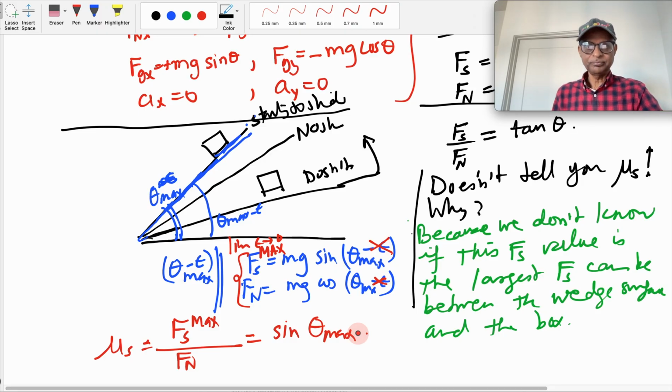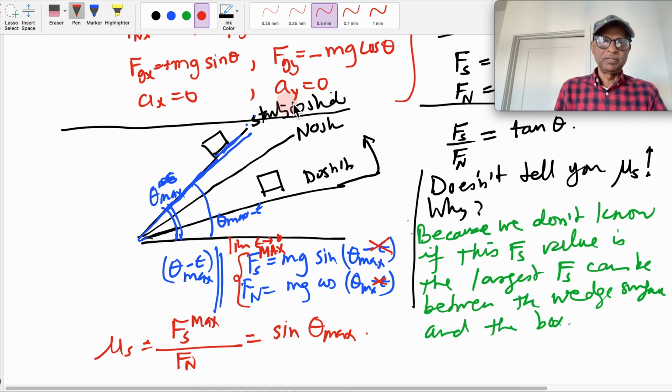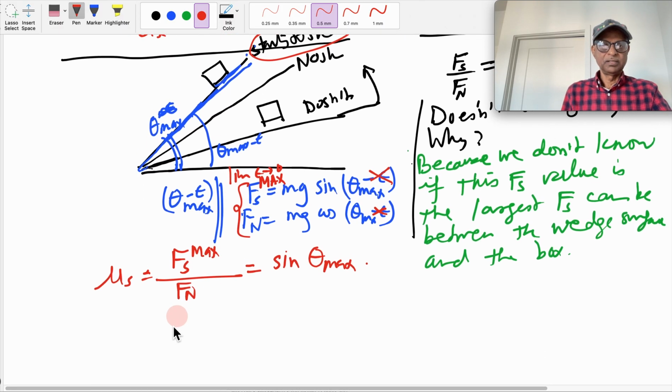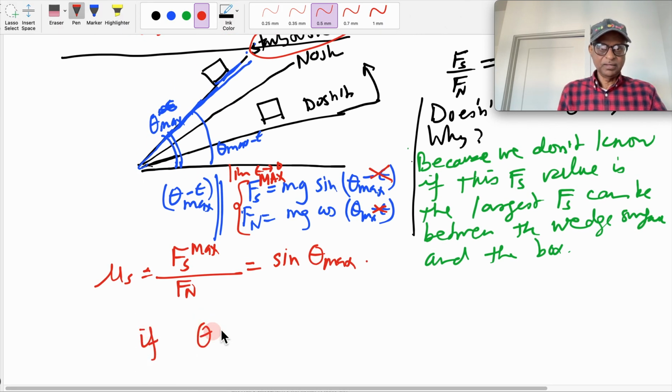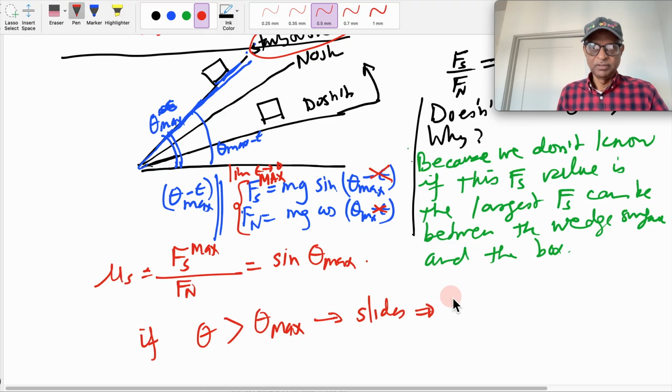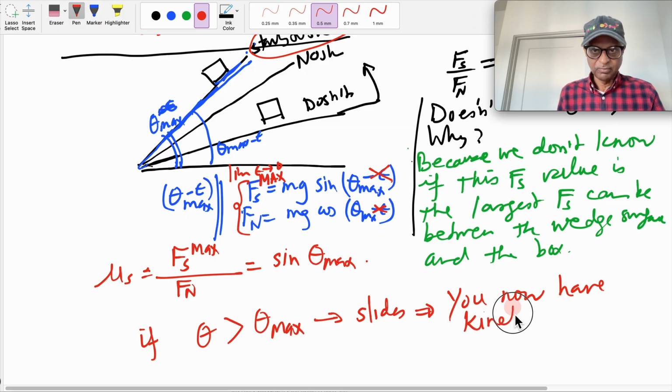When it starts to slide, if theta is greater than theta max, sliding means you no longer have static friction, but you now have kinetic friction.